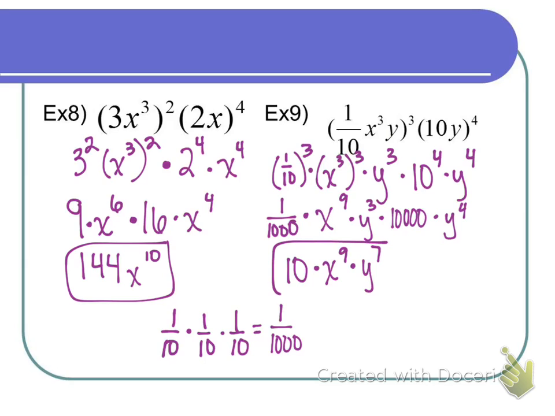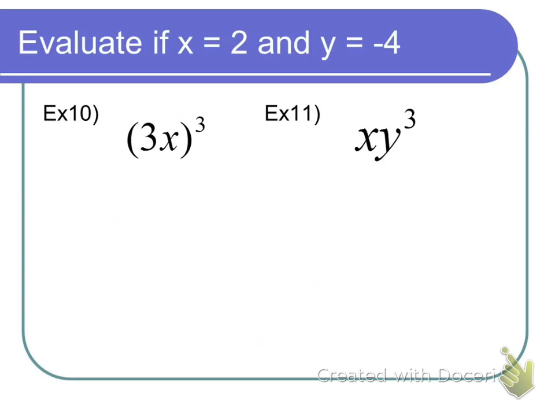Y to the 7th. If we are multiplying the same base, we add the exponents. 3 plus 4 gives us 7. Questions about number 9? Okay, we'll keep it going.